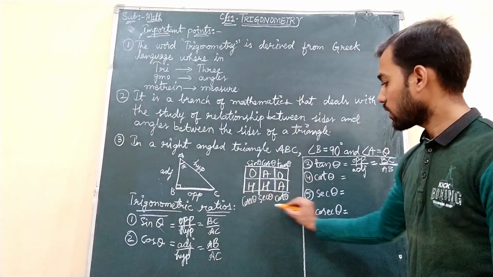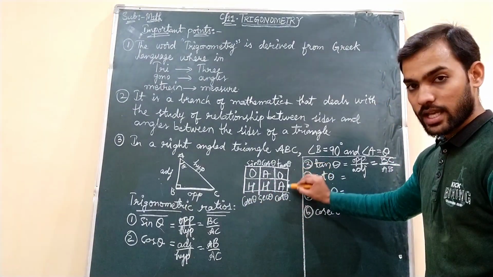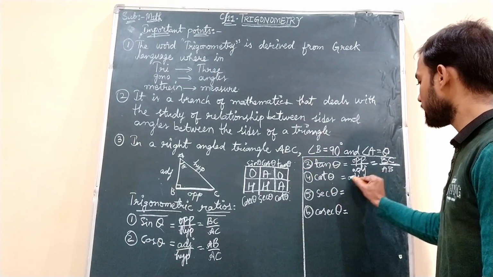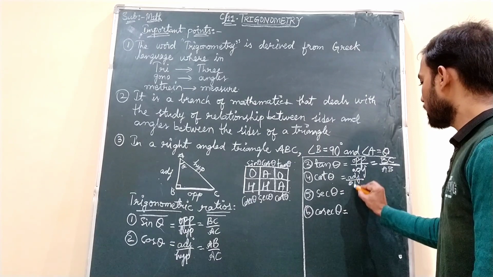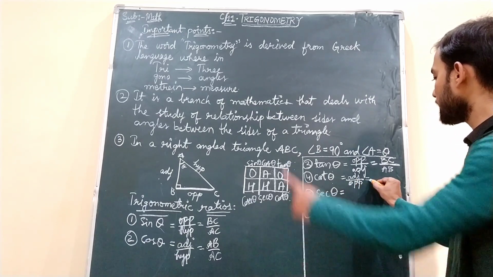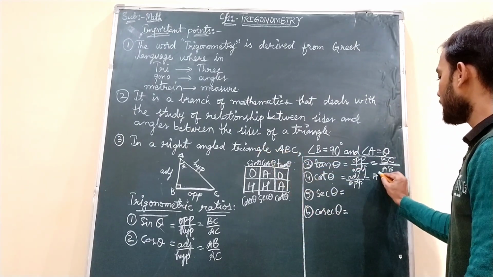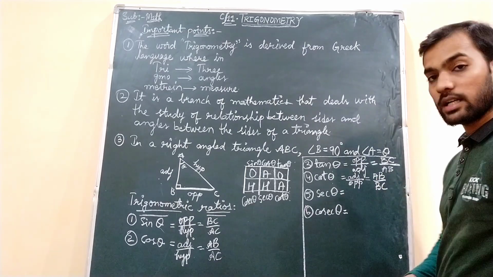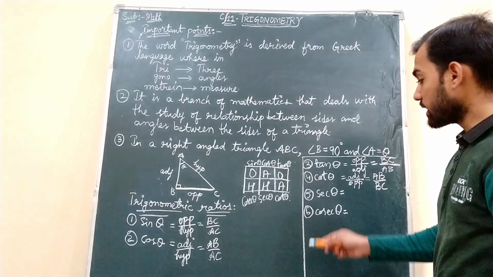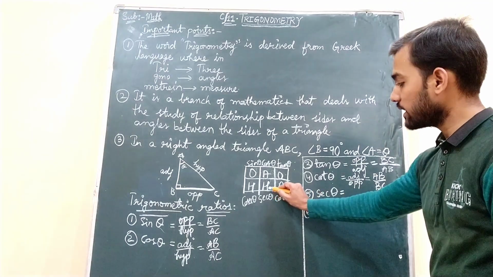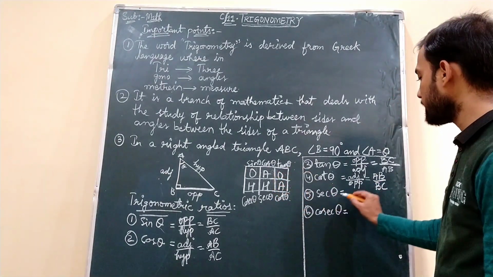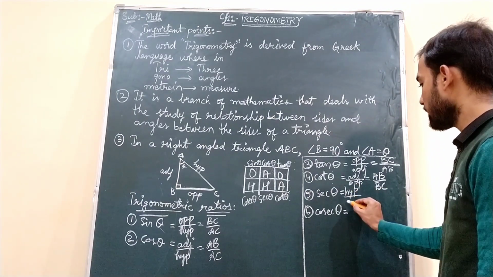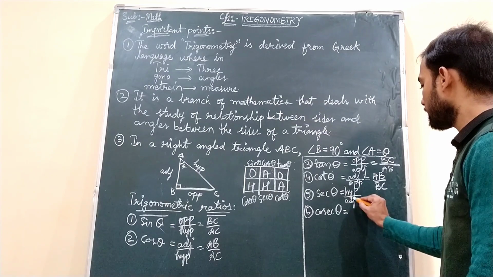Then cot theta. Cot theta formula is reverse. Adjacent by opposite you have to write. Which is adjacent side in the triangle? AB is adjacent and opposite is BC. Understand students? Now next formula is secant theta. Secant theta is hypotenuse by adjacent.